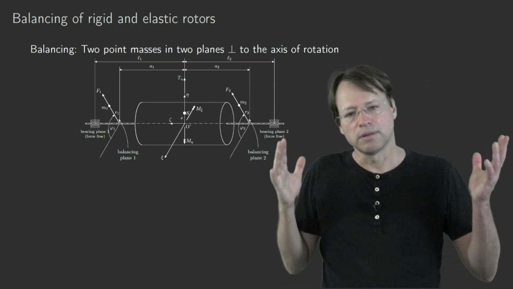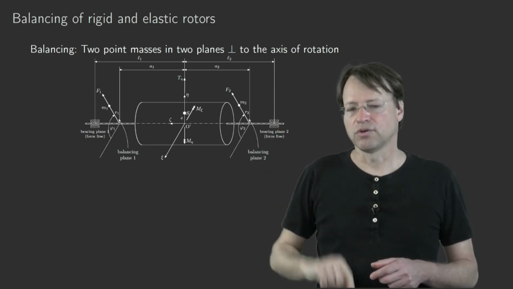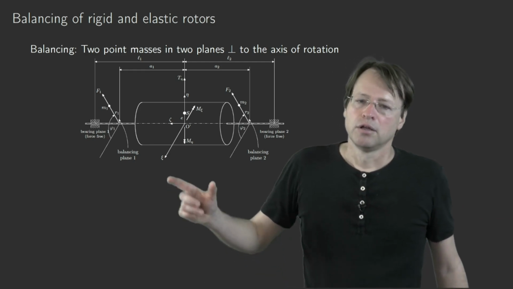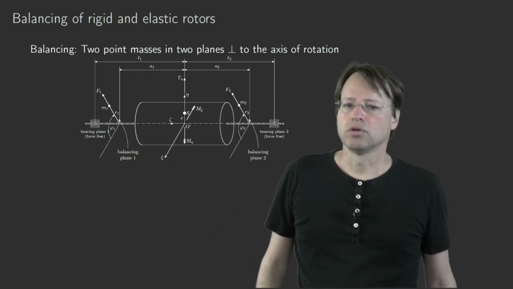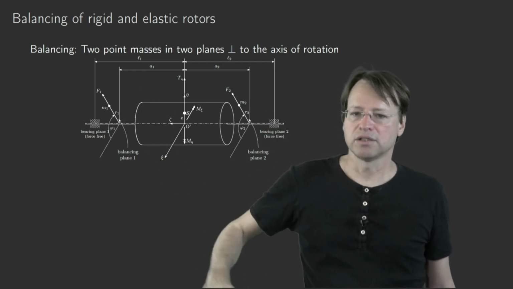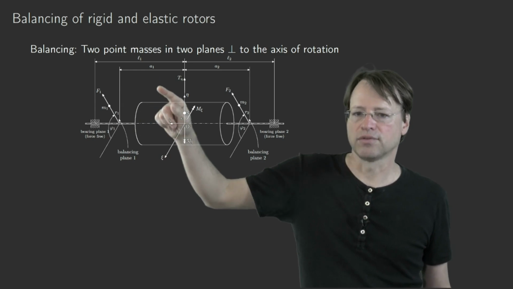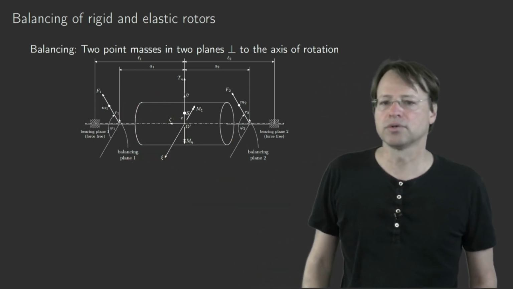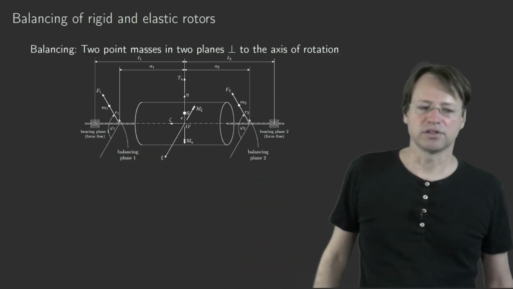Now you could ask, but there are four bearing forces and just two radial forces, but there are a lot more parameters in that system. The choice of the plane would be one additional parameter, but also the choice of the mass, the radius of the circle on which this mass rotates with the rotor, and finally also the inclination angles phi sub 1 and phi sub 2.